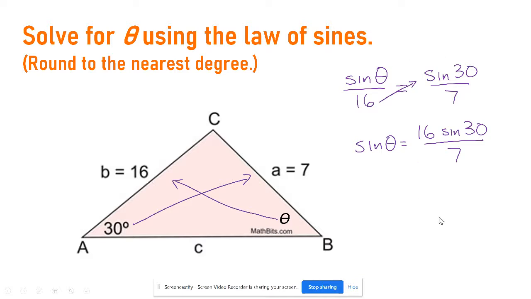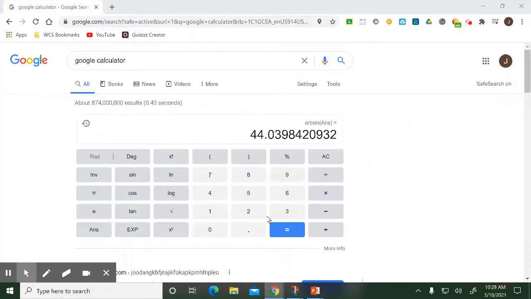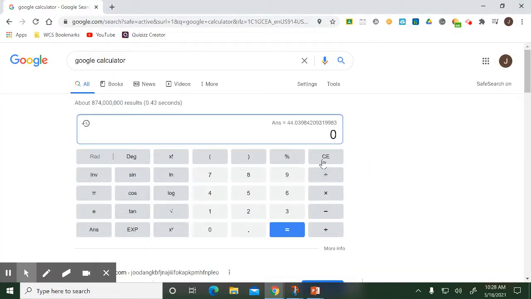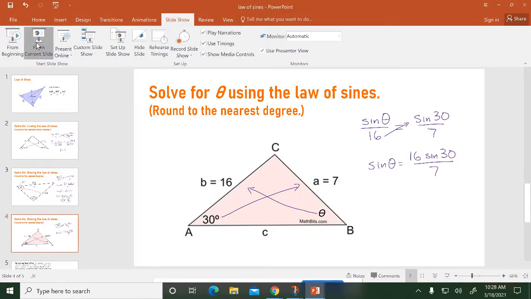And again, I'm going to slip over to the Google calculator. 16 sine of 30 divided by 7. And when I work this out, look at what I get. I get 1.142, etc. So let me go back over here and we'll talk about what this means.